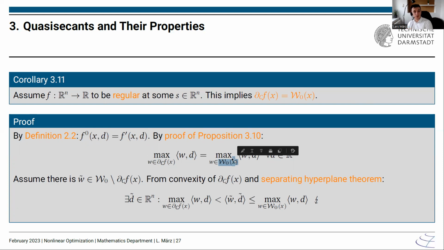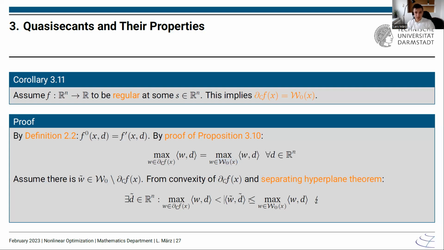Well, assume they don't, meaning there is a point in W0 which is not in the Clark subdifferential. Then by convexity, we can use the separating hyperplane theorem. So the Clark subdifferential is a convex set, and we have a point which is not in there. So we can cut a hyperplane in between them with strict inequality.